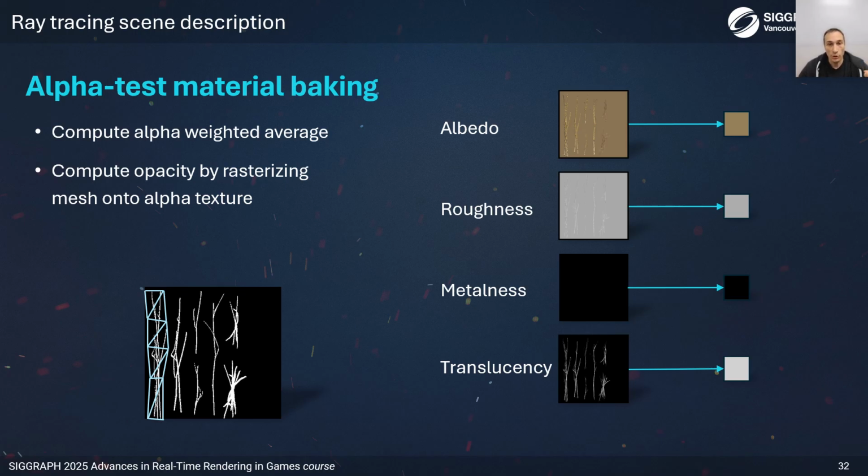But we also want to compute an opacity value for each mesh using it. In order to do so, we're going to reproject each triangle of a mesh into the alpha texture and average the texels that are contained only inside each triangle. This parameter is going to be used later on for the ray tracing of the alpha test material.